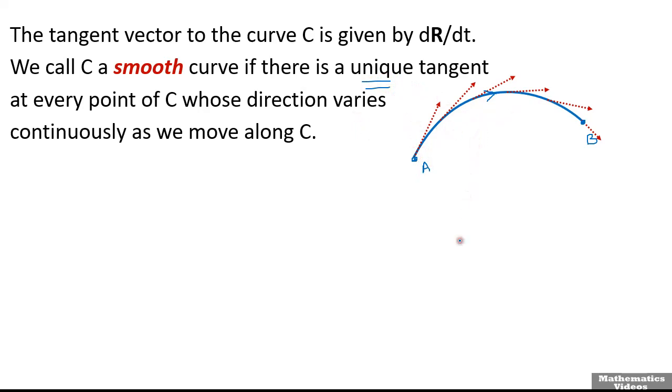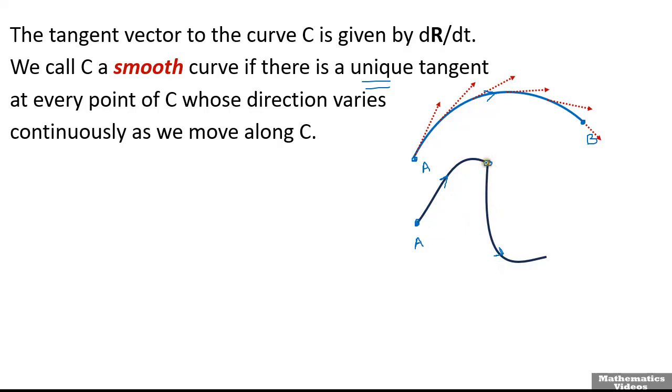Okay, now consider another curve, this one. Suppose this point is the point A, which is the initial point, and suppose this curve is traced in this direction, which is also from left to right.